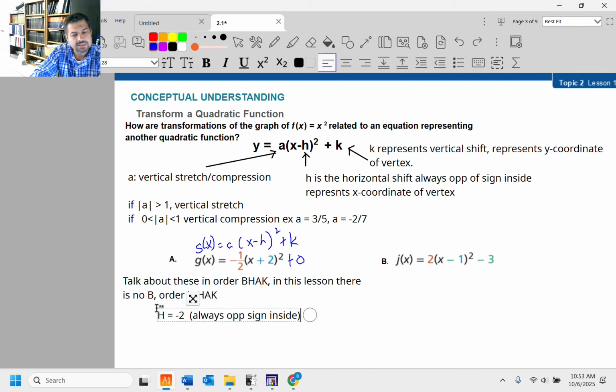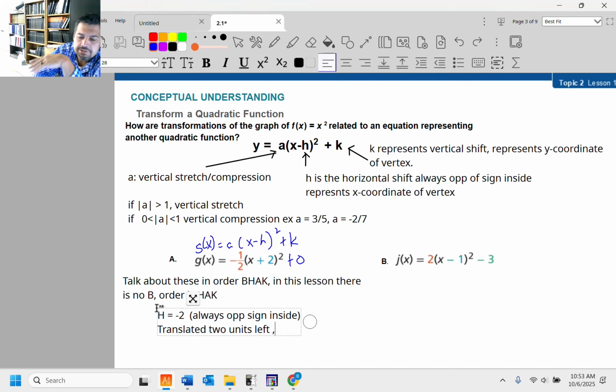What this means is we have translated 2 units left. If you don't like the word translate, I accept shift 2 units, but we do need to be using proper math terms here. So we've translated 2 units left.